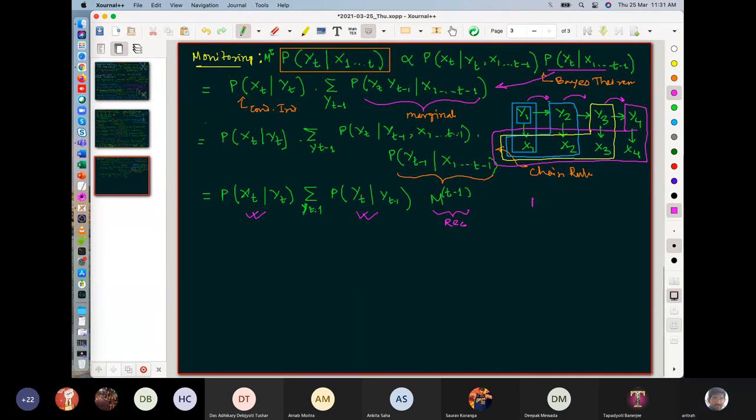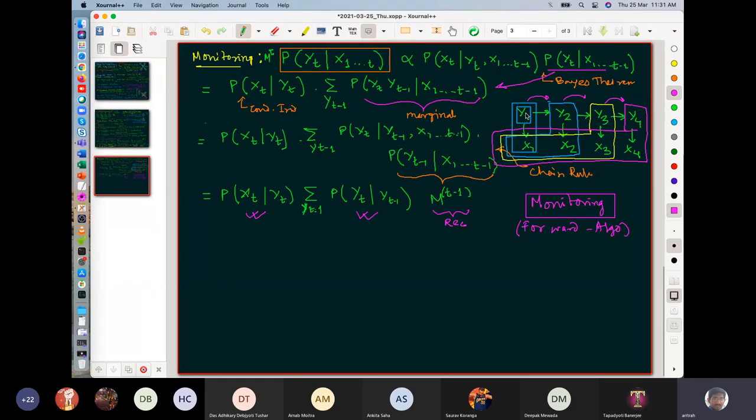Okay, got it? This is what the monitoring strategy is. The algorithm that we give is also known as the forward algorithm. We call it a forward algorithm because I can do it in one pass. I am calling it recursively to explode the tree, and then reaching the base, I go forward.